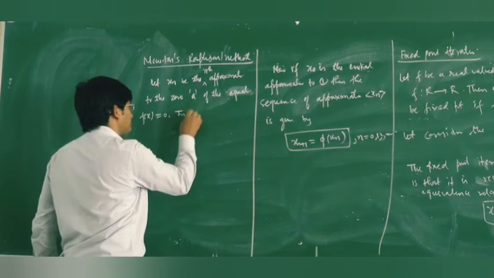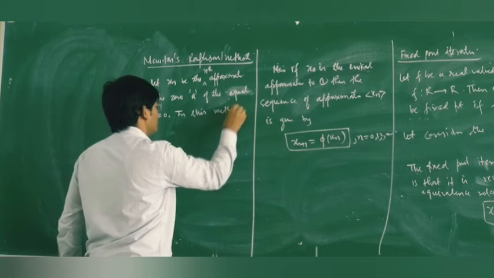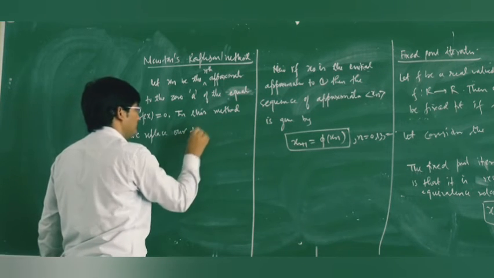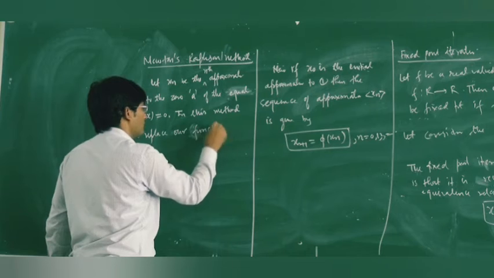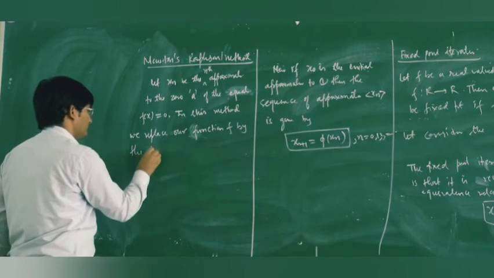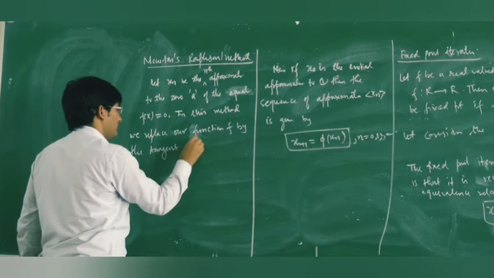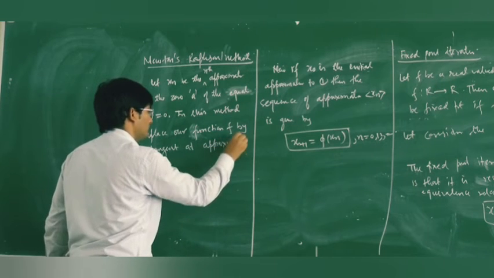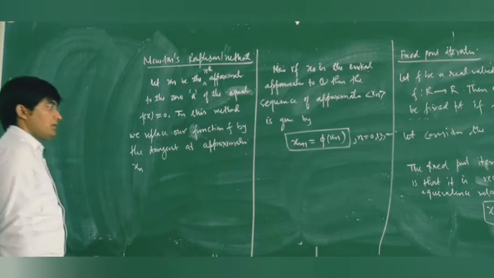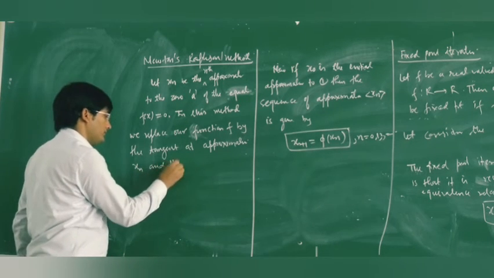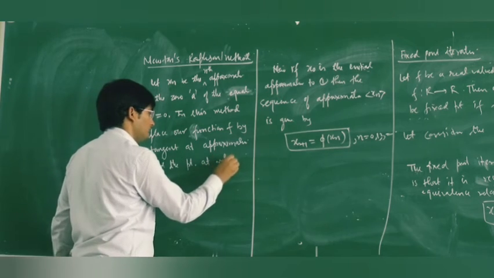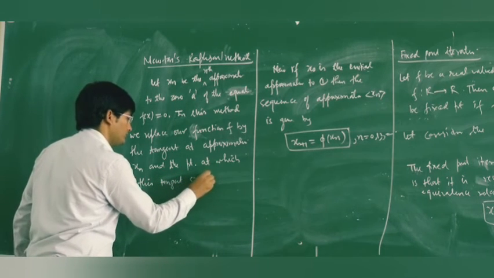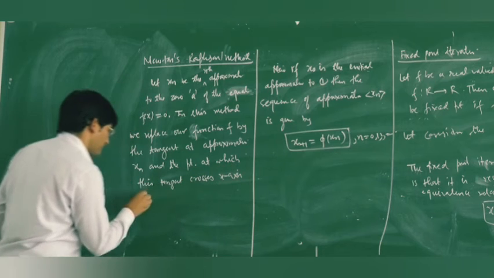Now in the Newton-Raphson method we replace our function f by the tangent at the approximation xn, and the point at which this tangent crosses the x-axis gives you the next iteration.